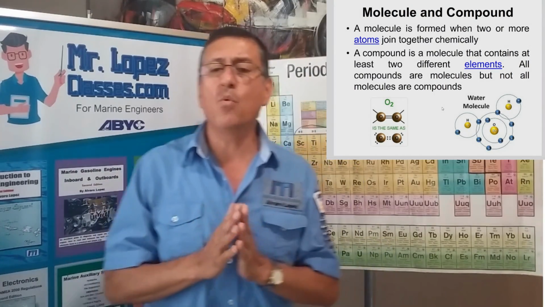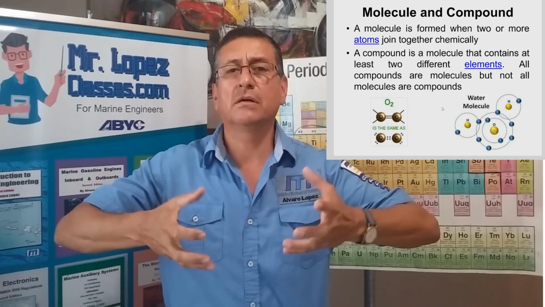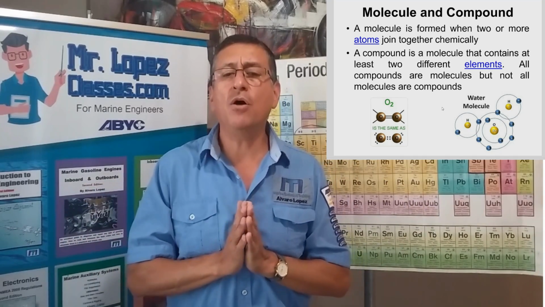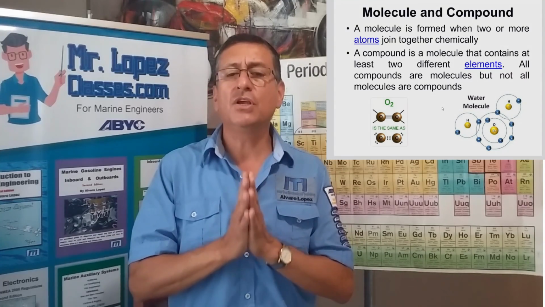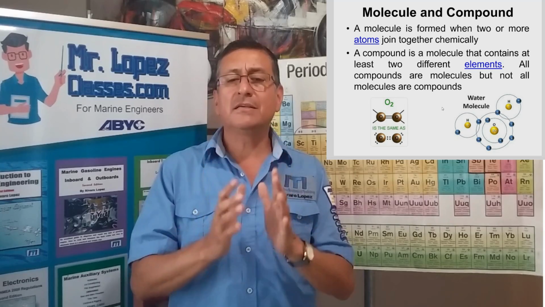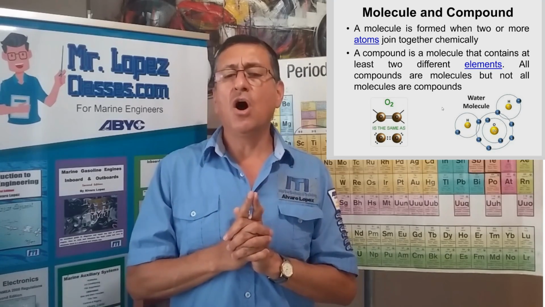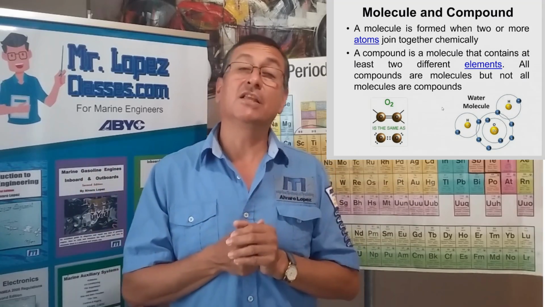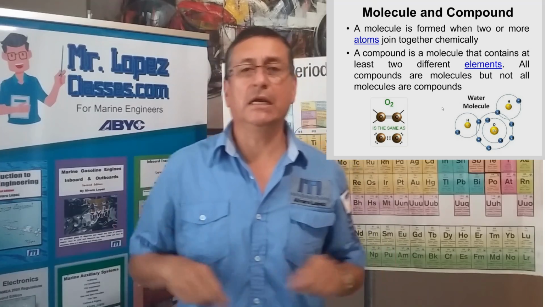A molecule is formed when two or more atoms are connected together chemically. A compound is a molecule that contains at least two different elements. All the compounds are molecules, but not all the molecules are compounds. Forget that. This is not critical.